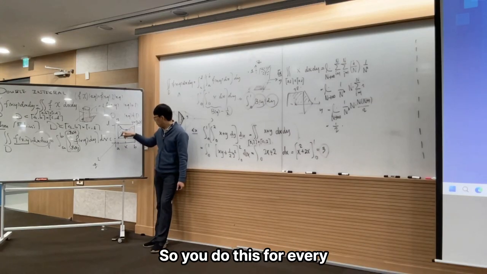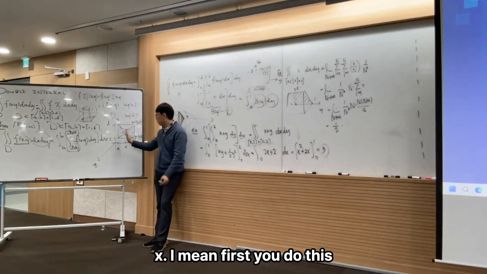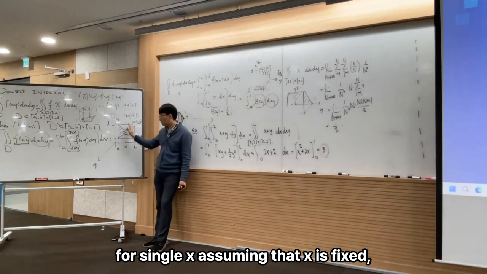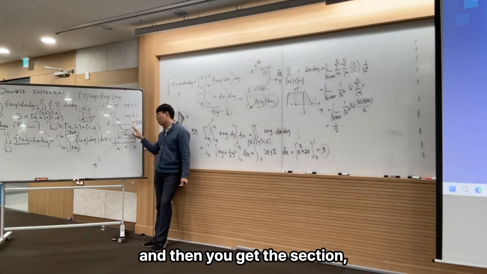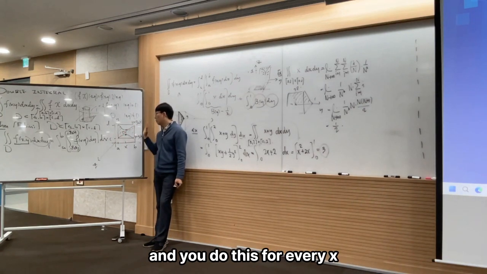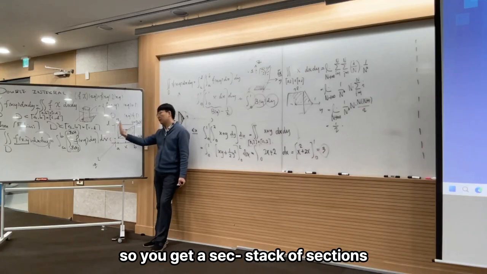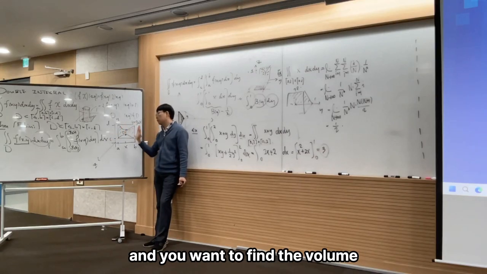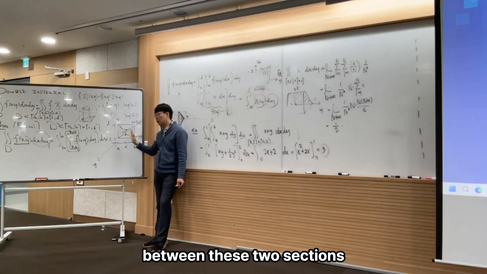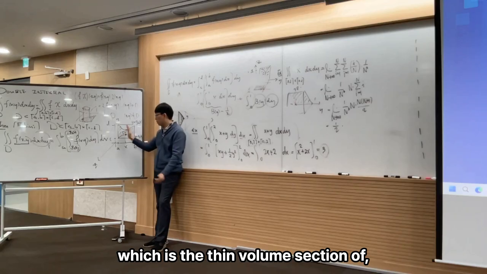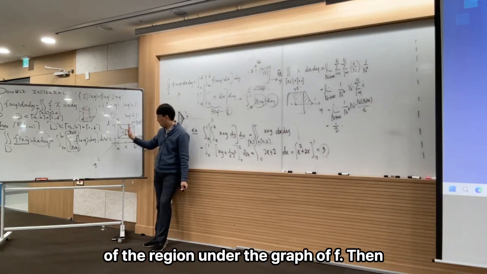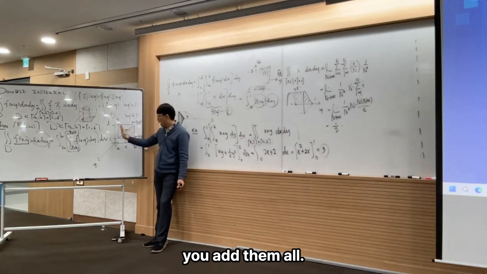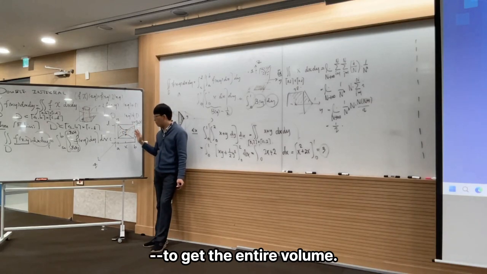So you do this for every x. First you do this for a single x, assuming that x is fixed, and you get the area of a section, and you do this for every x. So you get a stack of sections, and you want to find the volume between two neighboring sections, which is a thin slice of the region under the graph of f. Then you add them all to get the entire volume.